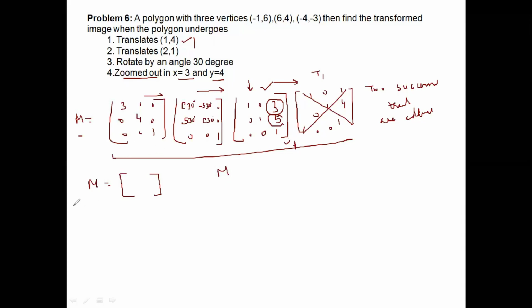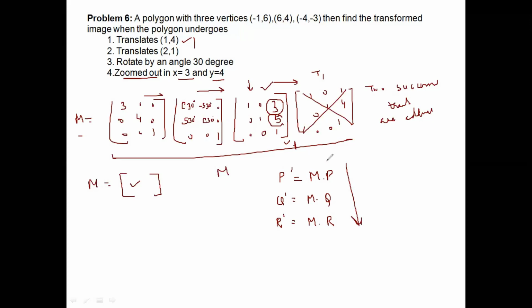Okay, now once you have received M, you will calculate the points. P dash will be equal to the resultant matrix M applied to P, Q dash is M multiplied by Q, and R dash is the resultant matrix multiplied by R. So you can see the calculation has become simpler than that of the previous version.